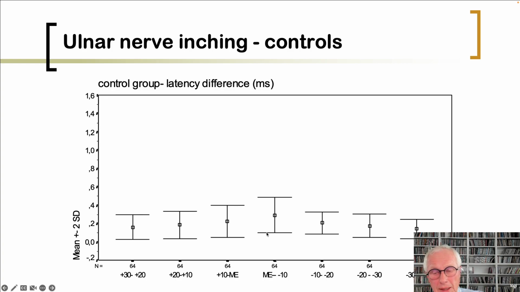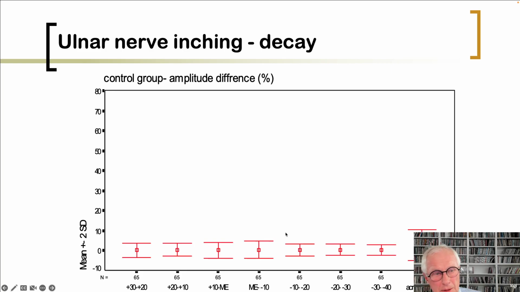Which means that even in healthy subjects, there's a very small sign of wear and tear in this region where we see these temporary compression neuropathies. The amplitude doesn't change significantly, less than 5% change in amplitude from one side to the other.